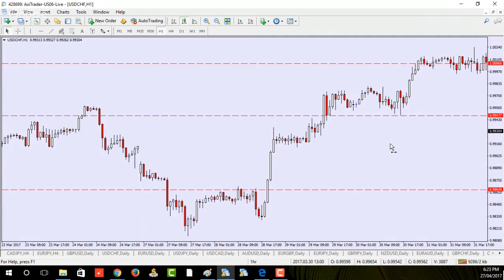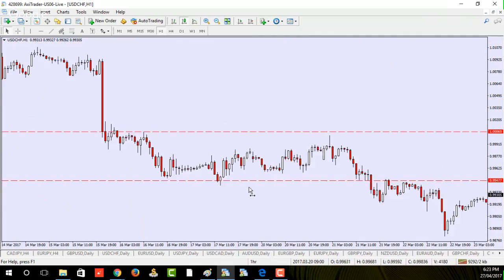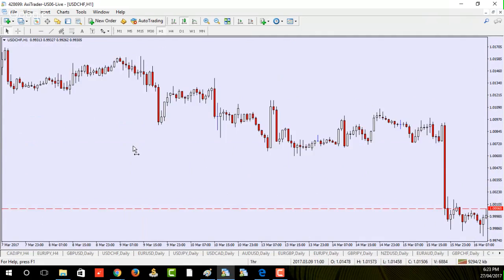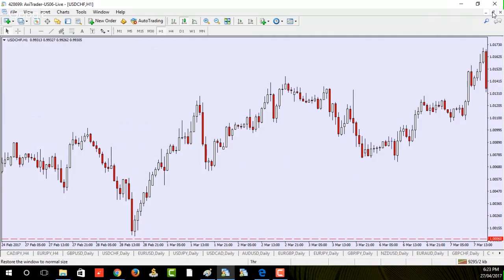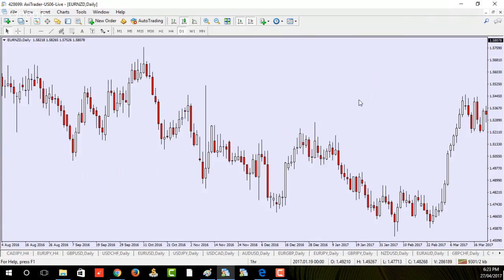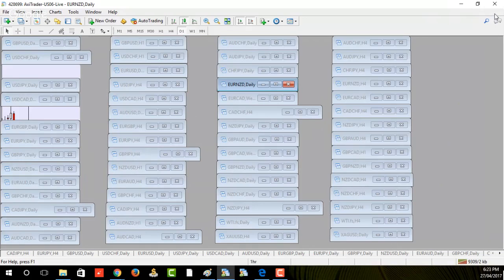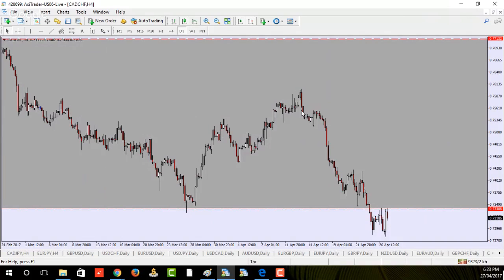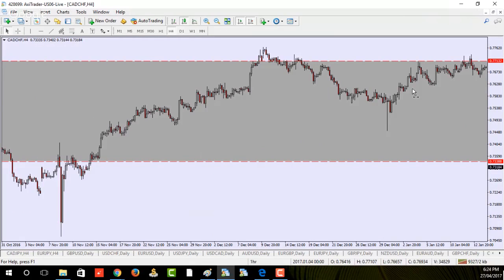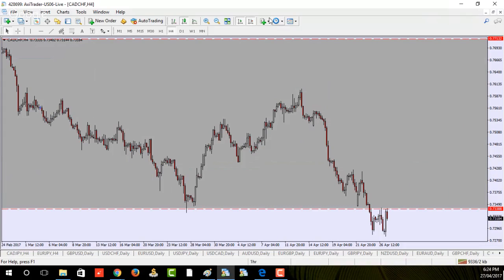Well, I was going to show you that example, but what I really want is a really clean chart that doesn't have too much ugly movement, I guess. I want something that's a little bit less volatile. So let's see. CAD Swiss. Not really. Not really. What's the daily?